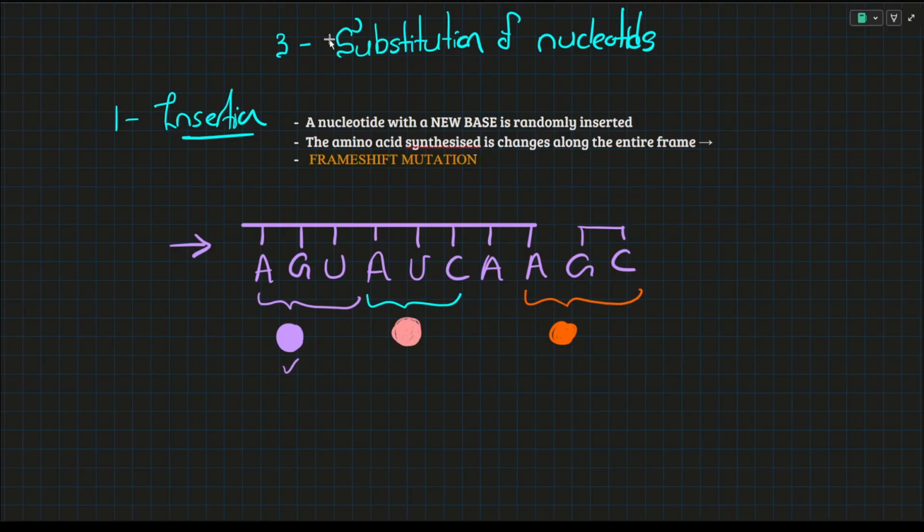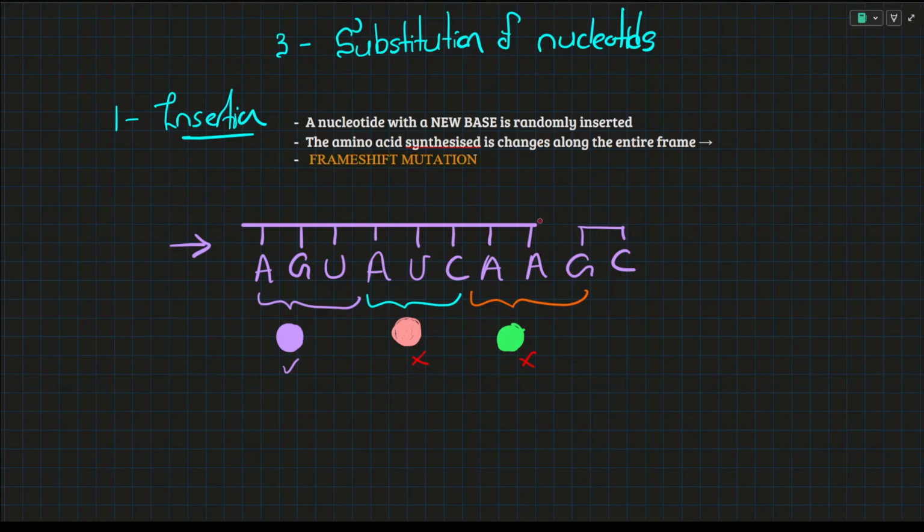And again, a frame shift has occurred. It's not going to produce the orange one we need. It might be producing this green one. We wanted one polypeptide chain with three specific amino acids. Now we have a different one. The first one is the same, but the second and third ones are now different.